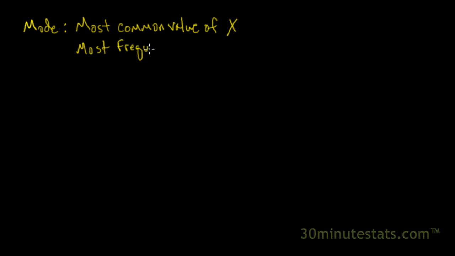So finding the mode is as simple as looking at a frequency distribution or an array and finding out which value occurs most often.